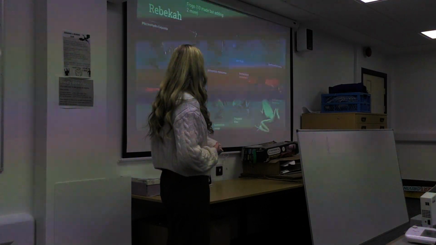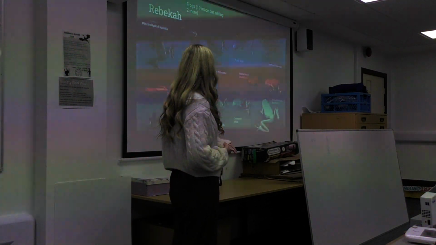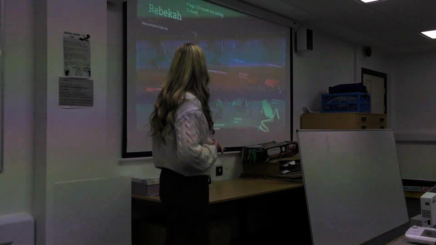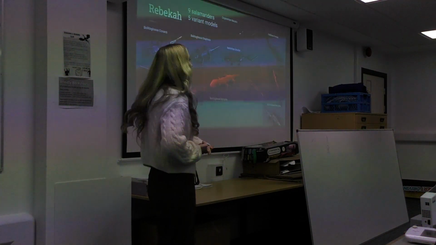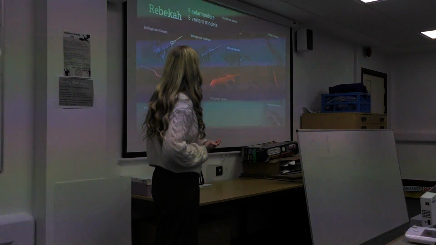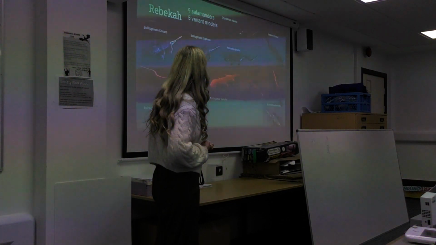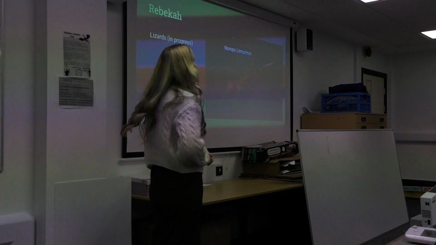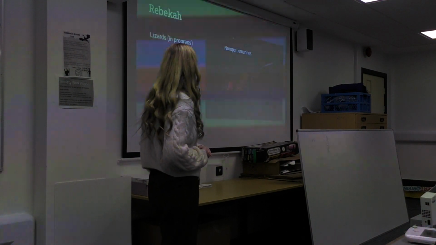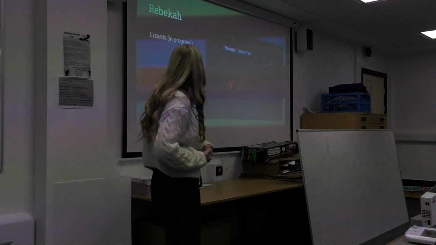Some of them are really rare. These are the salamanders I've done. There's nine and a couple of different variants of them. And then my current one is lizards. Brilliant.